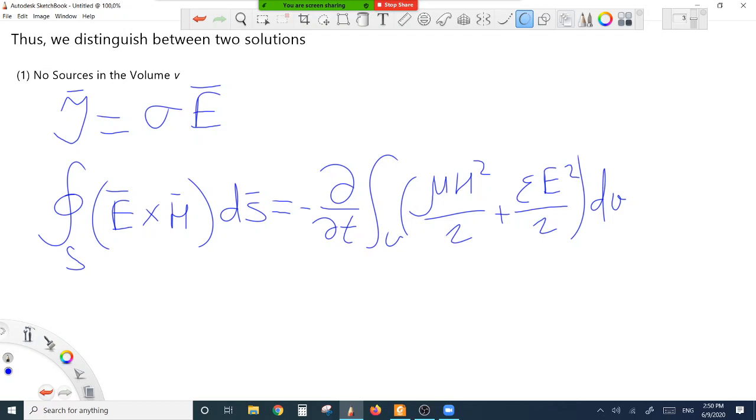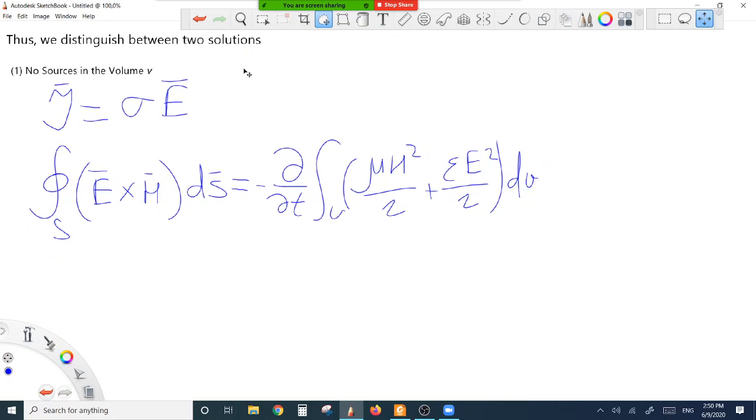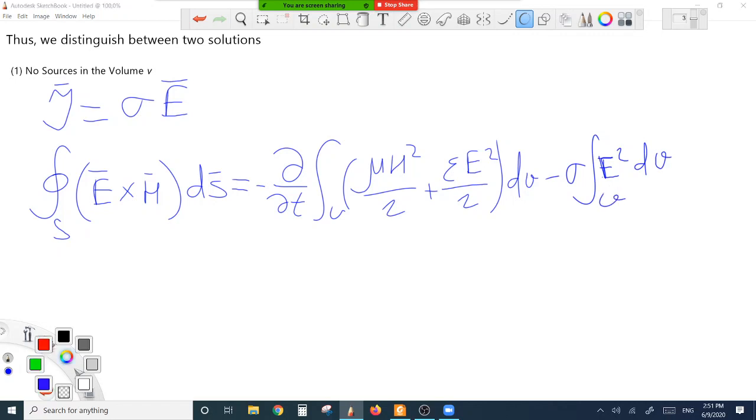minus the integral over V of sigma E squared dV.